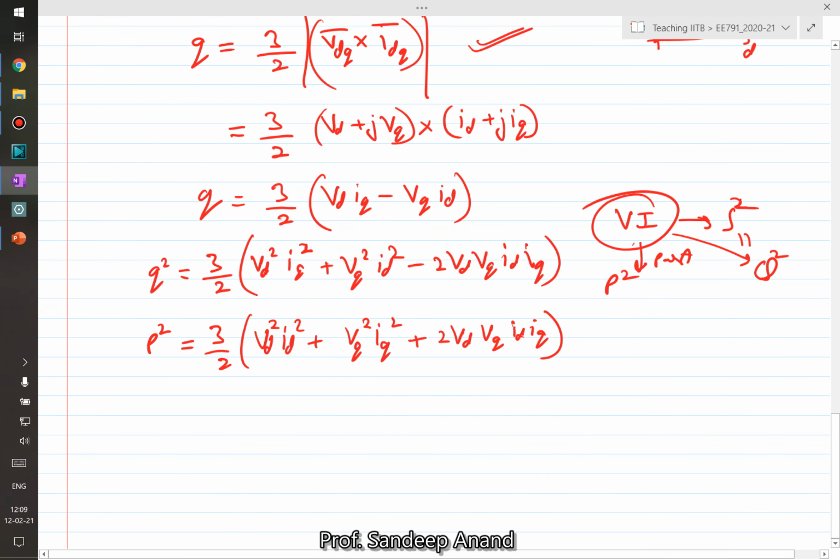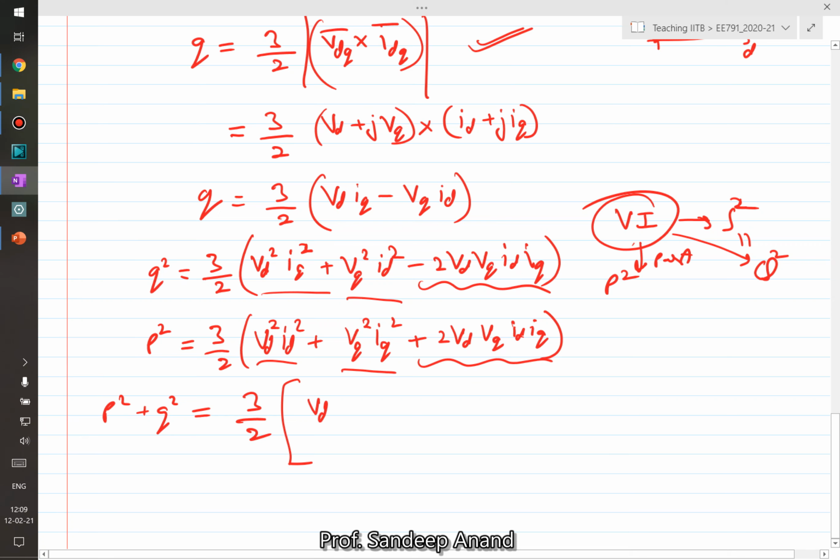Now if we add p squared plus q squared, then we see that we get 3 by 2, and these terms get cancelled out. Now we have these 4 terms, which you can further simplify. Let me first write it and then try to simplify them.